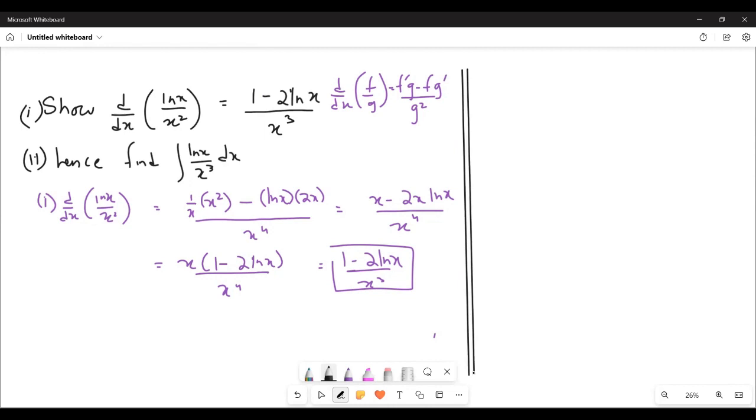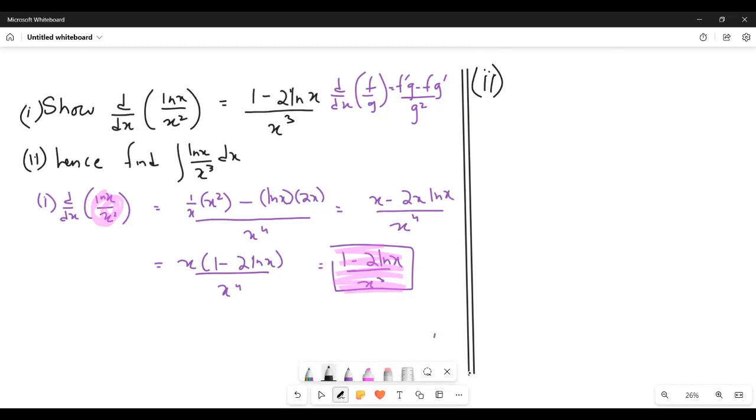Part 2. Hence find integration of ln x upon x cube. Okay. Hence means we have to reverse this. So when we integrate this, we get the original function back.